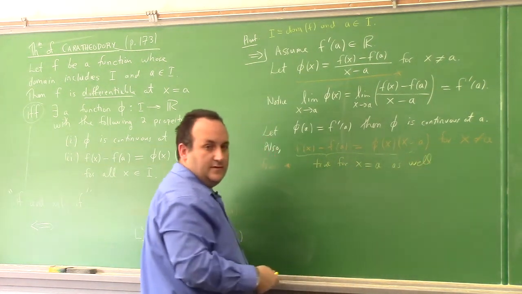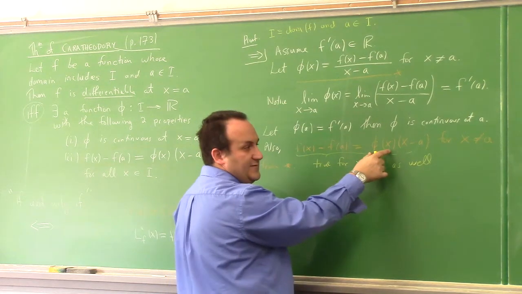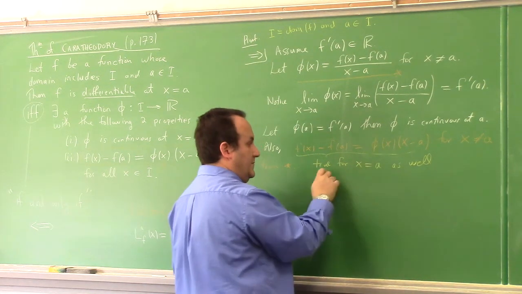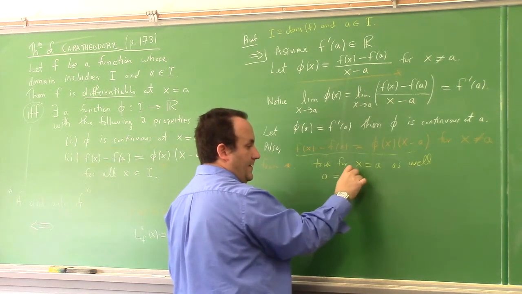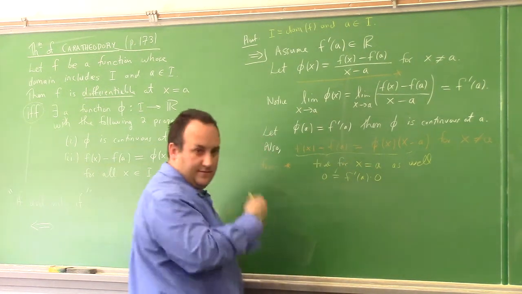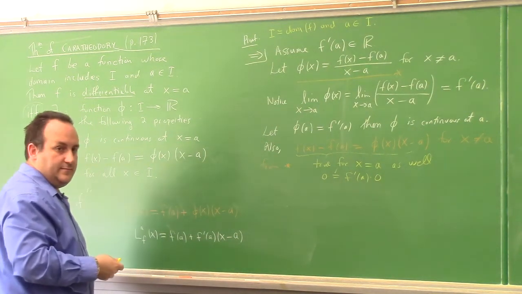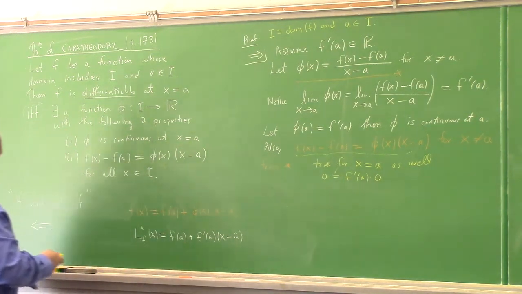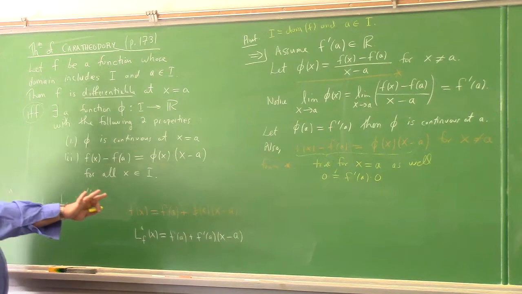And we just said that phi of a is f prime of a, right? So 0 equals 0, check. Okay? So that is the forward part of the proof.